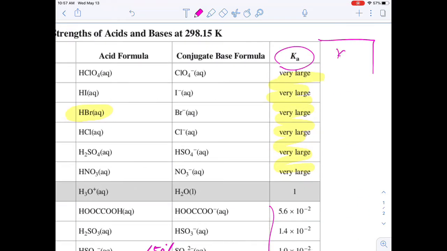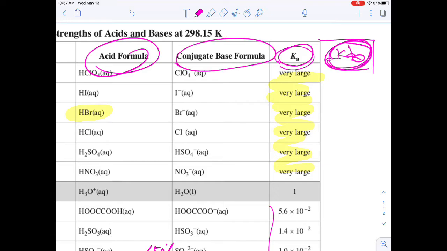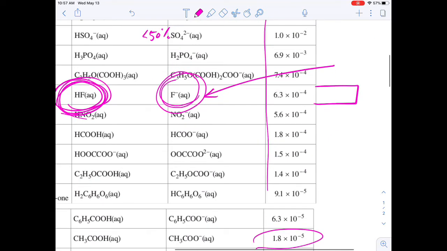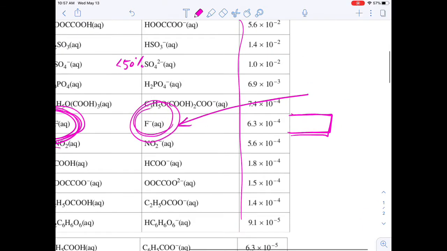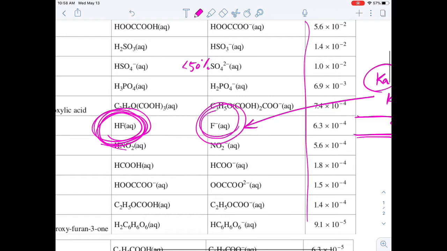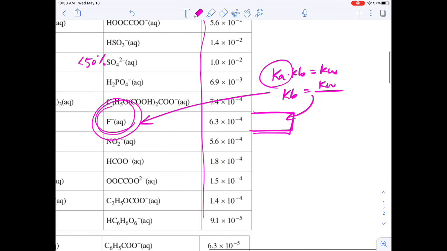If that's Ka and the Ka is for the acid form, the Kb should be for the base form, and that value would go here. They don't list it because it can be calculated, because Ka times Kb equals Kw. So the Kb that applies here equals Kw divided by the Ka for the conjugate acid.